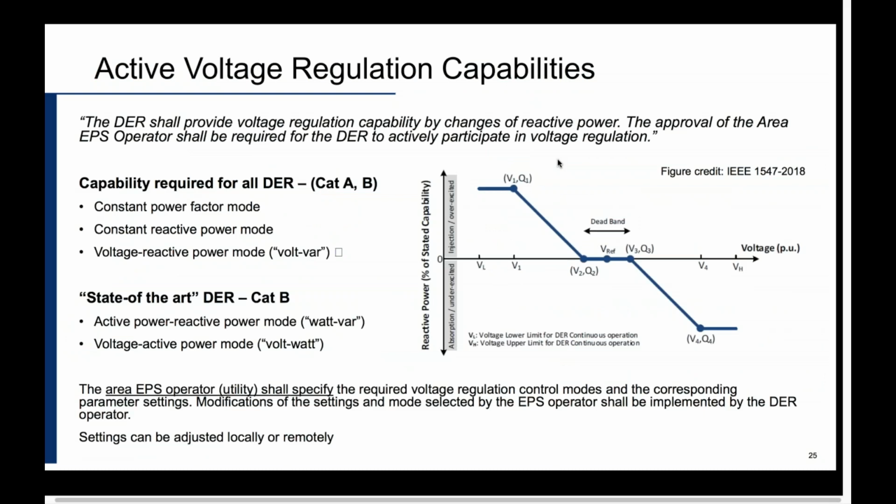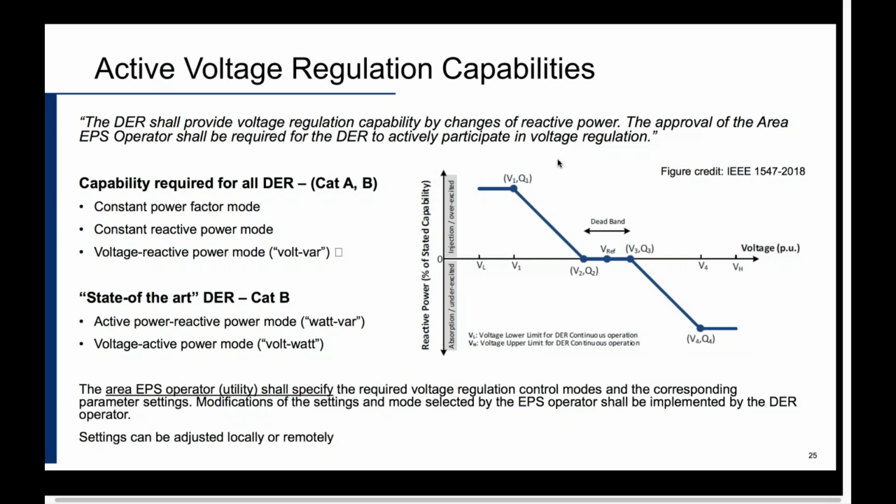So category A and B, it's all about providing voltage support. And the way it works is the inverter, which is the interface between the renewable resource and the grid, or generator and the grid, should be able to regulate its reactive power depending on the voltage at the point of common coupling.